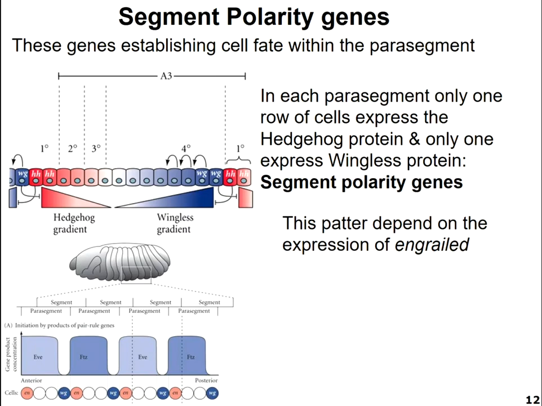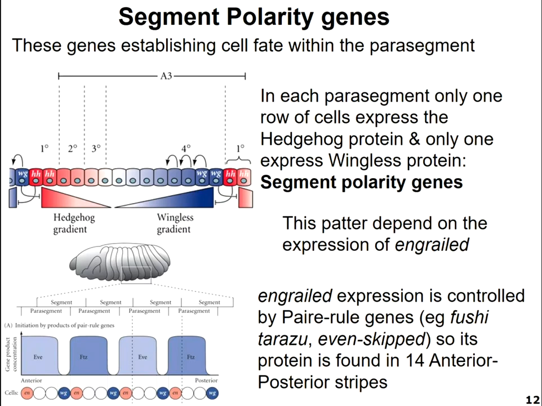And if we look at the expression of even-skipped and fushi tarazu, we can notice that only the cells that express neither even-skipped nor fushi tarazu can actually express wingless. So the only cells that can express wingless are the cells that are in the posterior position in the parasegment. And therefore the cells that are in a more anterior position cannot express wingless, however they express engrailed, and engrailed induces expression of hedgehog.